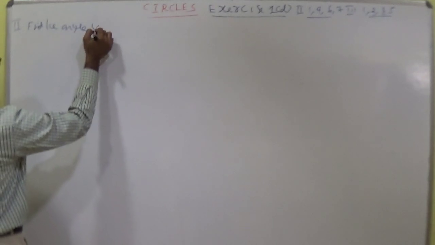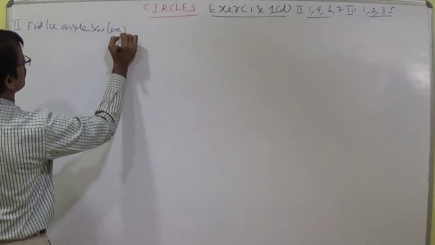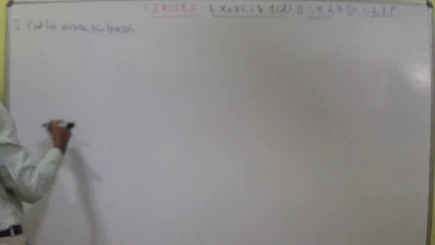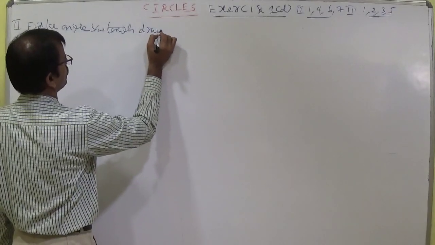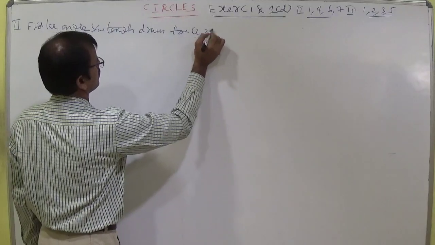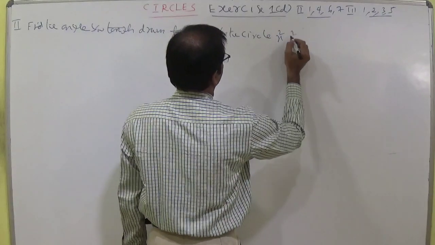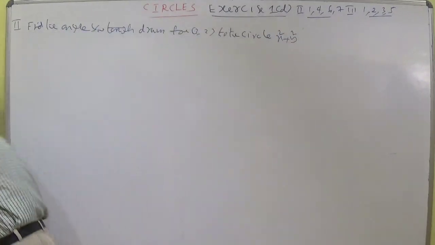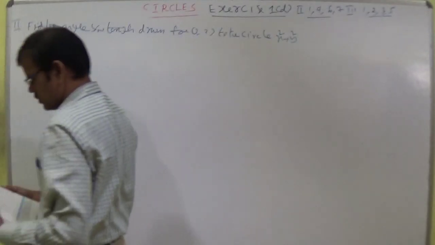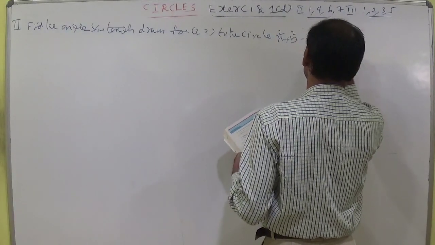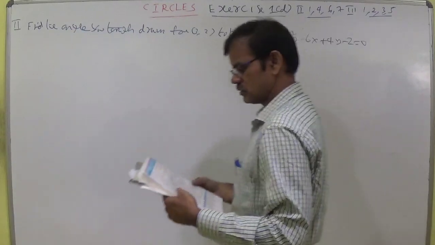Find the angle between tangents drawn from 3, 2 to the circle x square plus y square minus 6x plus 4y minus 2 equal to 0.